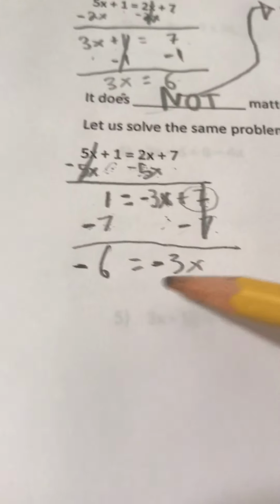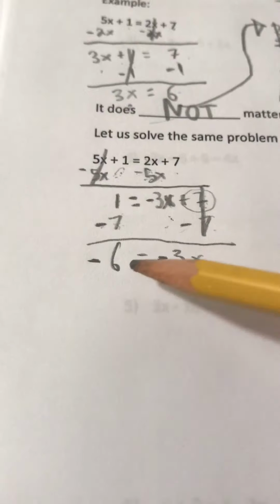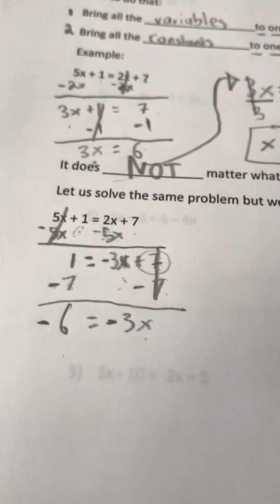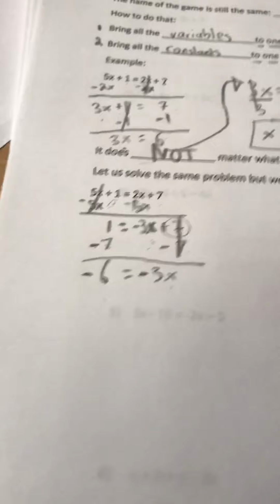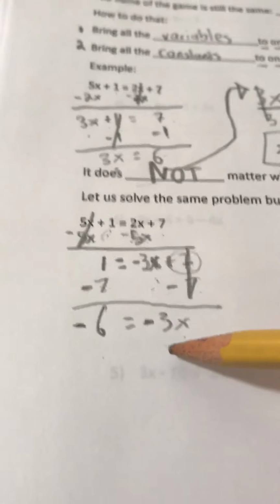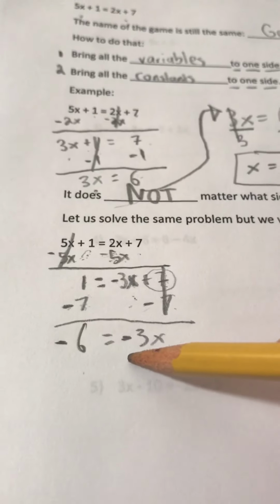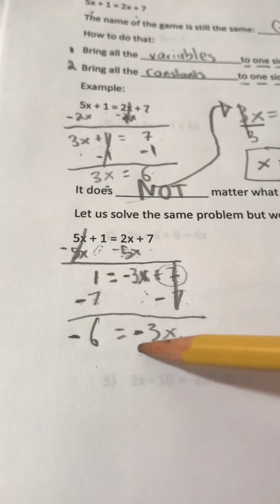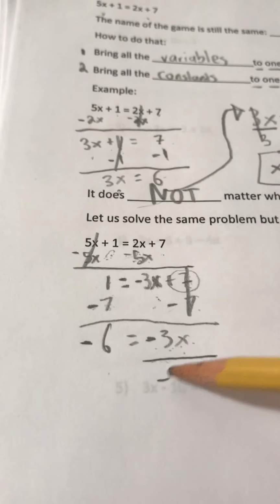So again, I have all my variables on one side and I have all my constants on one side. It looks different than 3x equals 6. This is negative 6 equals negative 3x. But in the end, I'll get the same answer. Watch and see. Name of the game is still to get the letter by itself. I do the opposite. The opposite of negative 3 times x is dividing by negative 3.